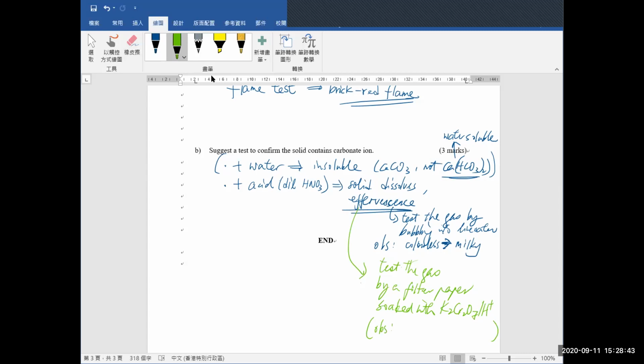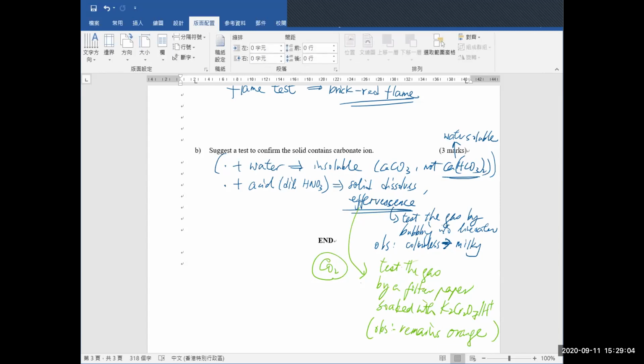What would you expect? Orange to green? What is that gas actually? It's CO2, so the color remains orange. You need the negative result to tell. It is not SO2.